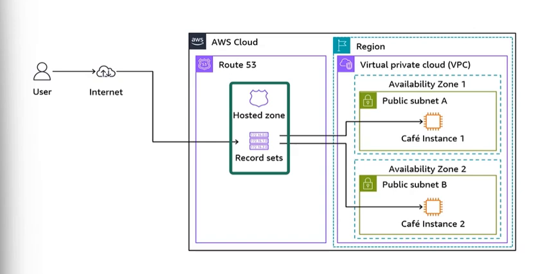To configure this, we need to define a Route 53 record set in the website hosted zone. Now, let's look at how this setup can be accomplished in the Amazon Management Console.